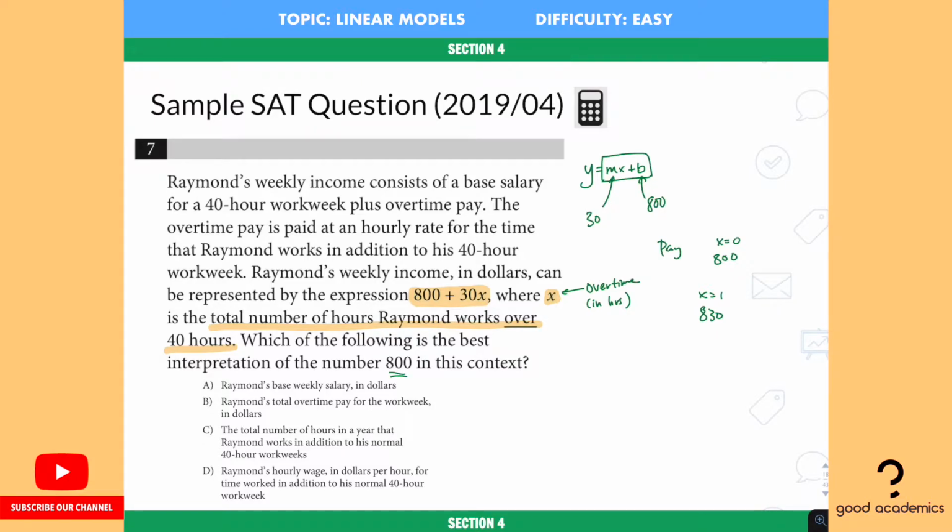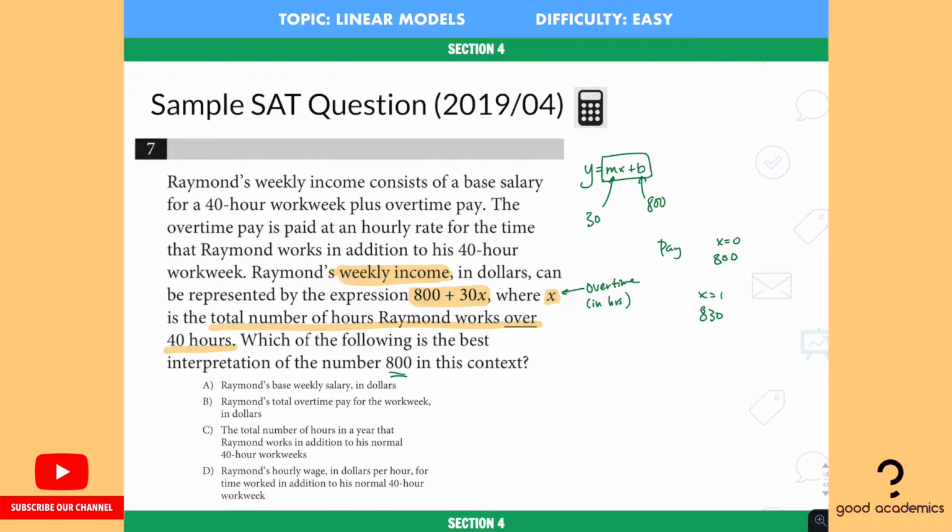The 800 is, as the question sets over here, the weekly income if there is no overtime. And if there's overtime, he would get $30 more per hour that he works overtime. So the 800 is clearly the base pay for his weekly salary.